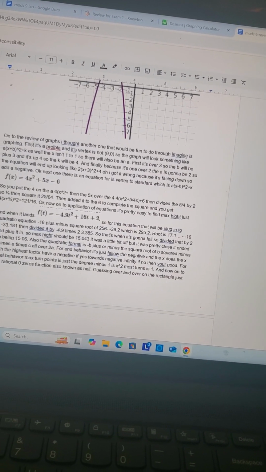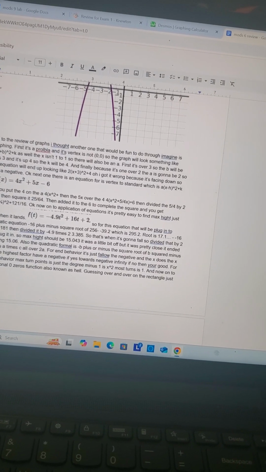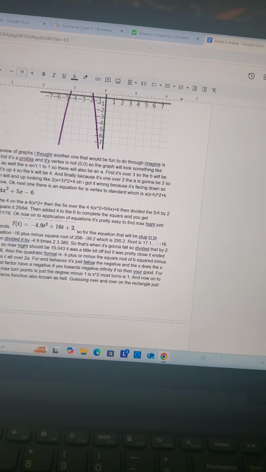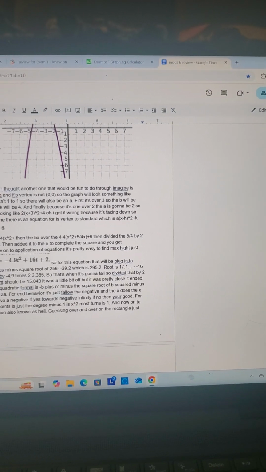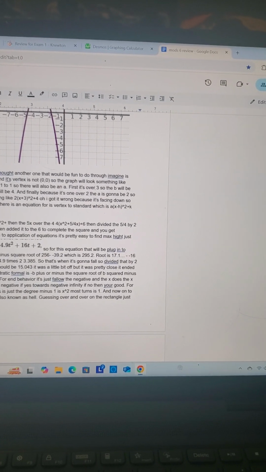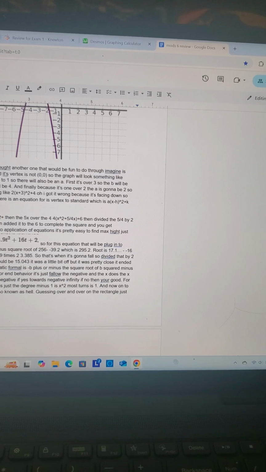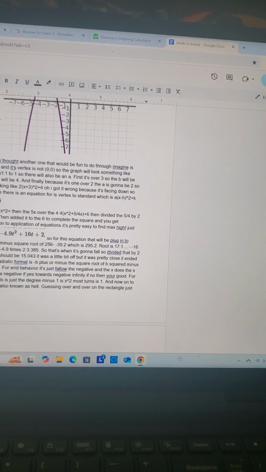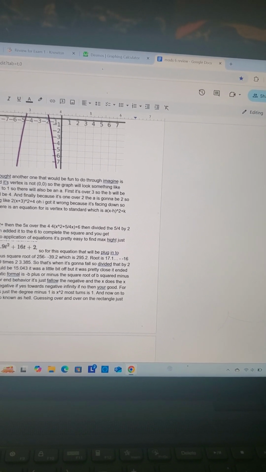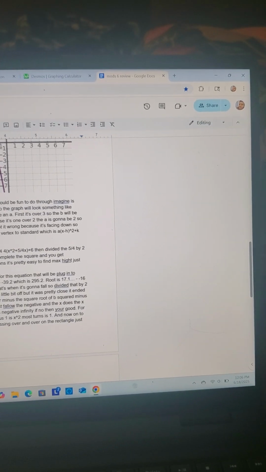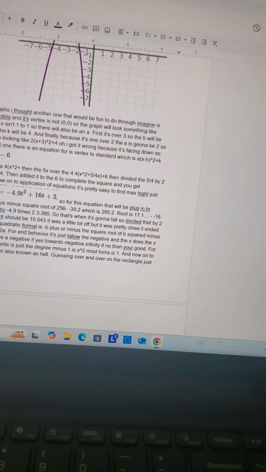And then you just use the cubic formula. So you divide the f of x divided by 4 by 2, so that's f of x divided by 8, and then you square root it out. And then you add that to the 6, and that's how you get the equation.